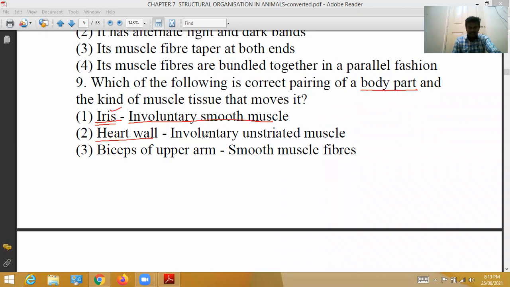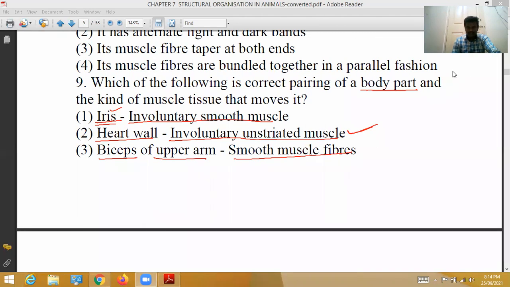Heart wall, involuntary unstriated muscles. Biceps of upper arm, smooth muscle fibers. Okay. Next, the fourth one is abdominal wall and smooth muscles.